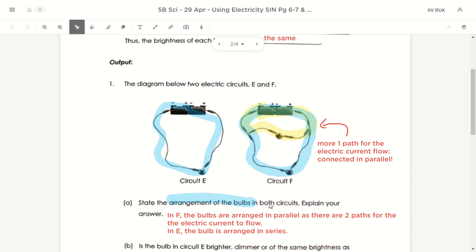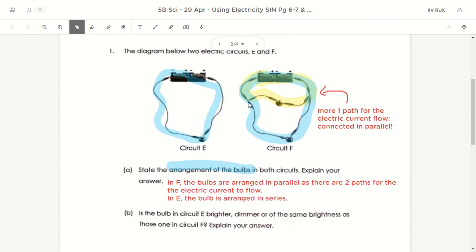Because the same electric current flows through this path and the same electric current flows through this path, the amount of electric current flowing through them is the same here, here, and here.